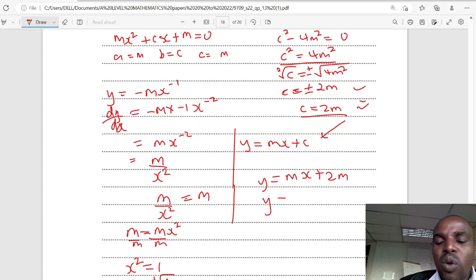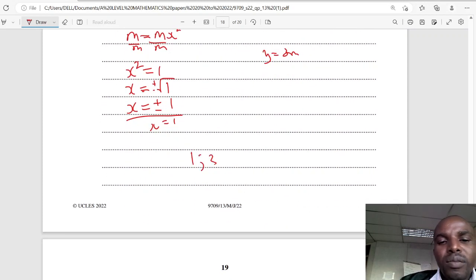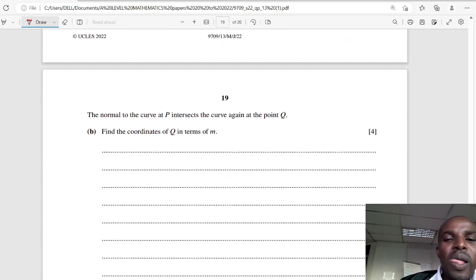Then y = mx + 2m. Since x is positive, x = 1. So it will be m times 1 plus 2m, which equals 3m. So x = 1, y = 3m. So this is the coordinate done.